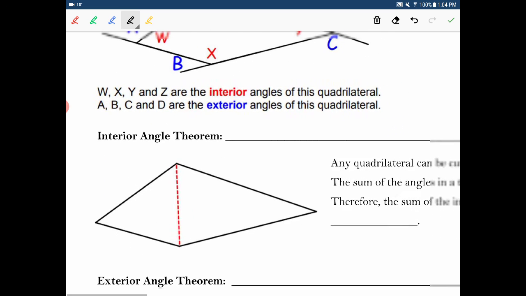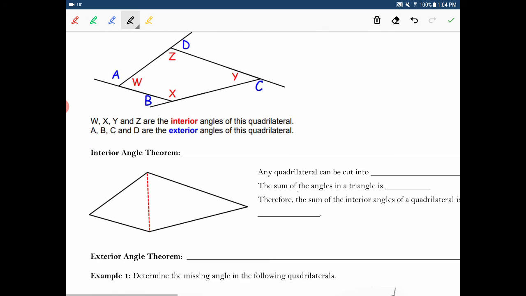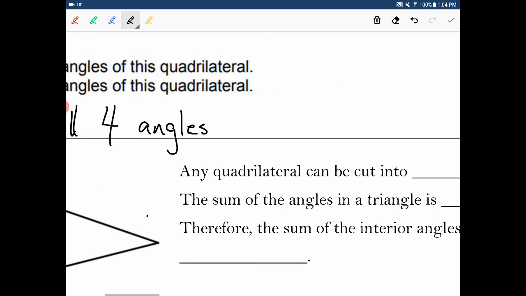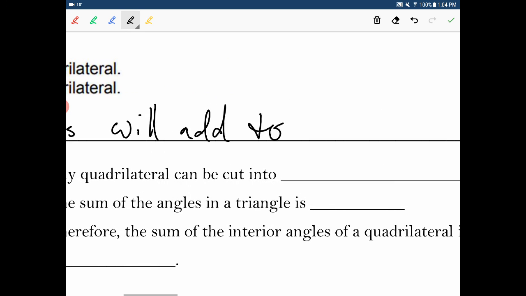Now, we can use the interior angle theorem, which is just that all four angles will add to 360 degrees.